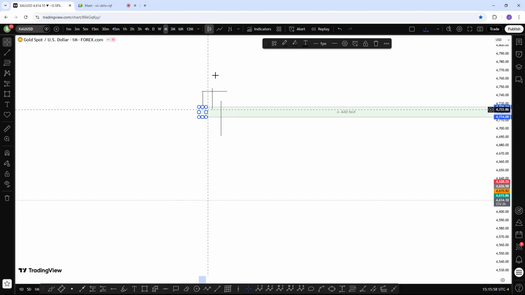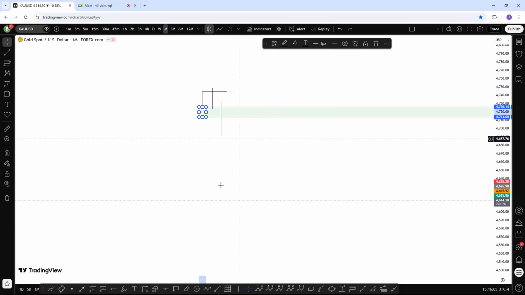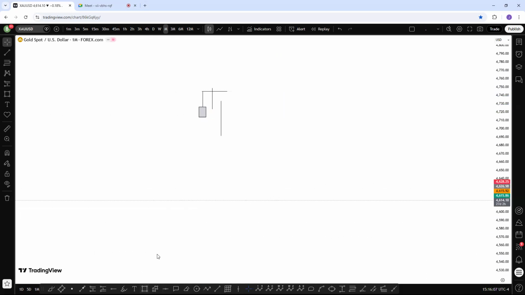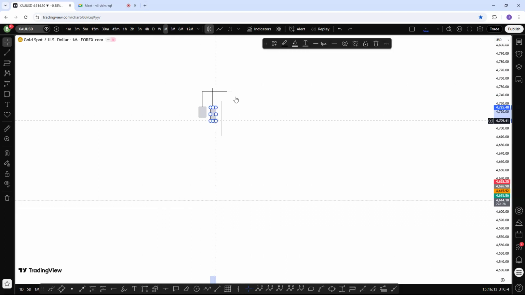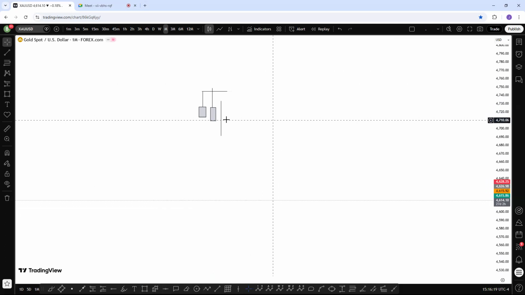Assuming that I'm trying to draw the candlestick wicks, you see what I'm trying to do here. The candle that forms after manipulation is basically your last area of liquidity.